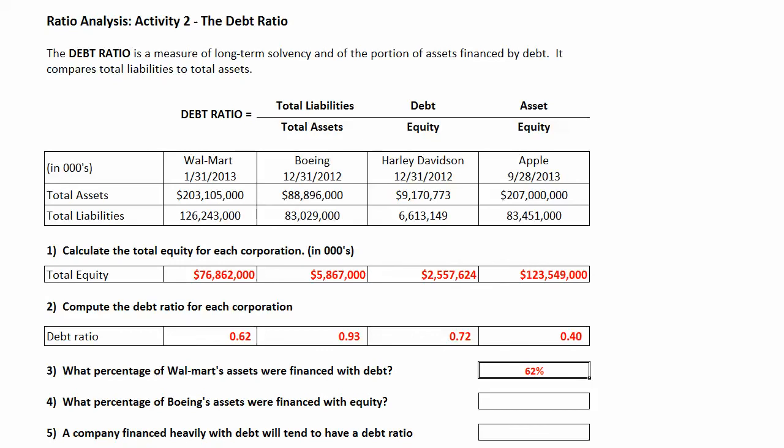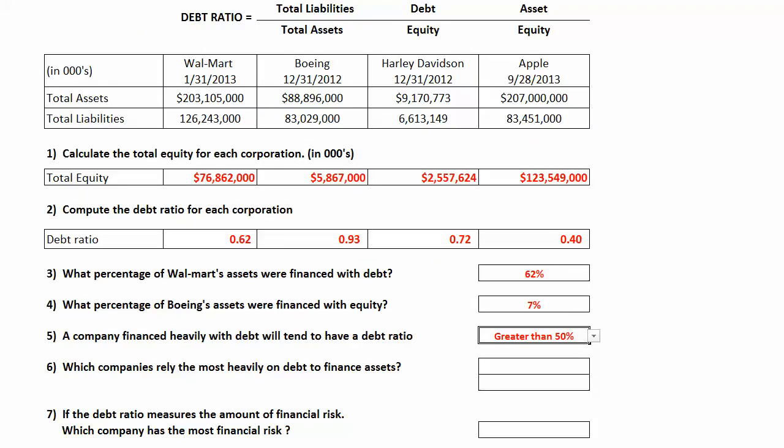With a debt ratio of 0.93, that means 93% are financed with debt, and the remaining 7% are financed with equity. A company financed heavily with debt will tend to have a debt ratio greater than 50%, while of course a company financed with lower levels of debt will have a debt ratio less than 50%.